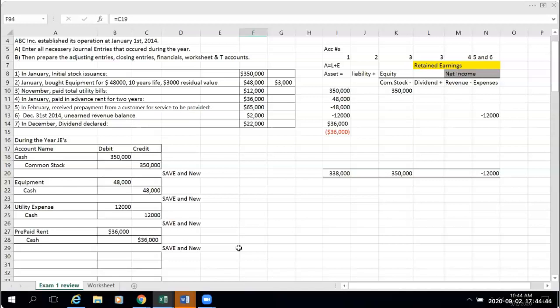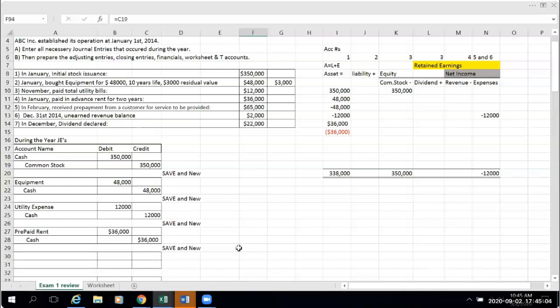So under the revenue recognition principle in GAAP, we record revenue when the performance obligation has been satisfied and the job has been completed and is earned. We call it earned revenue.